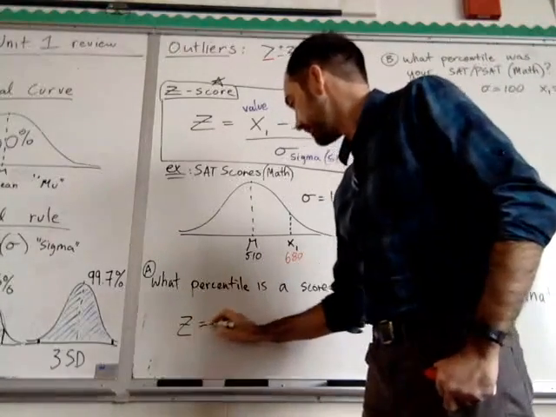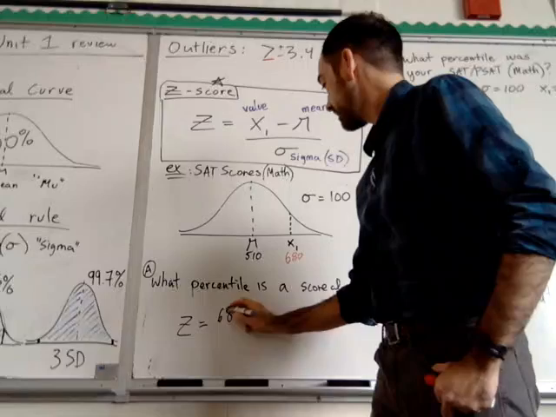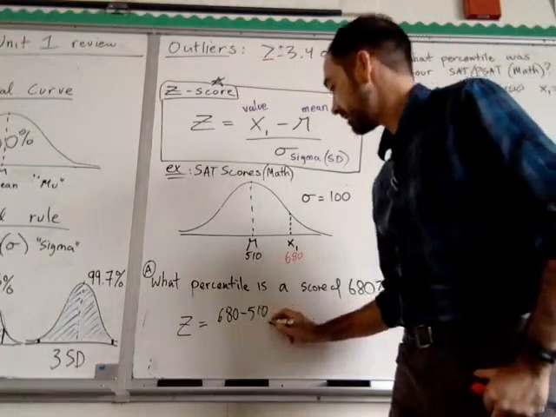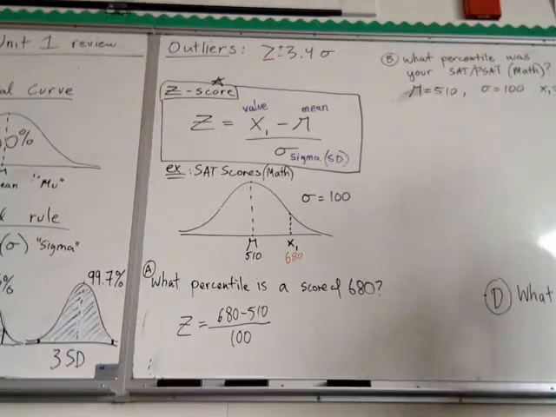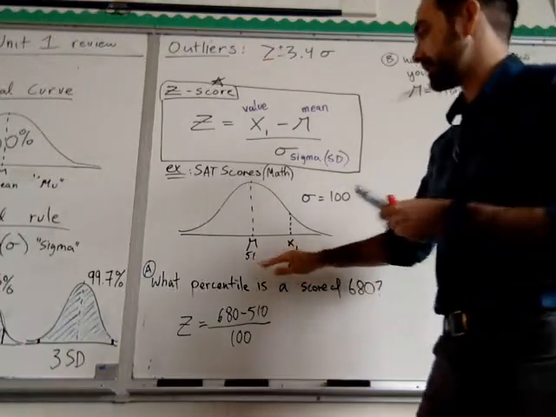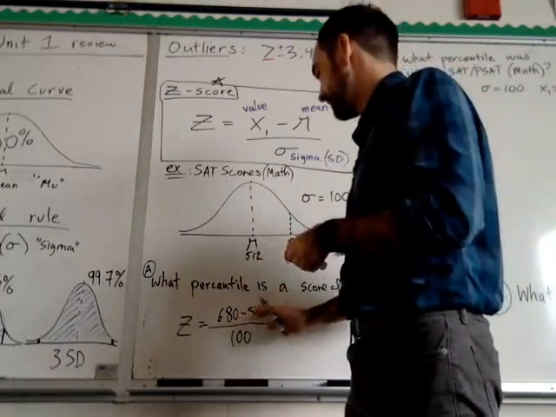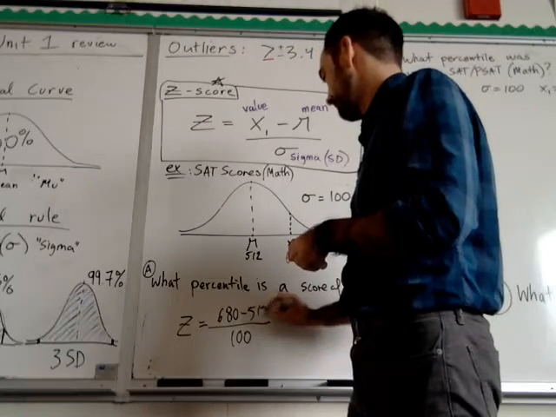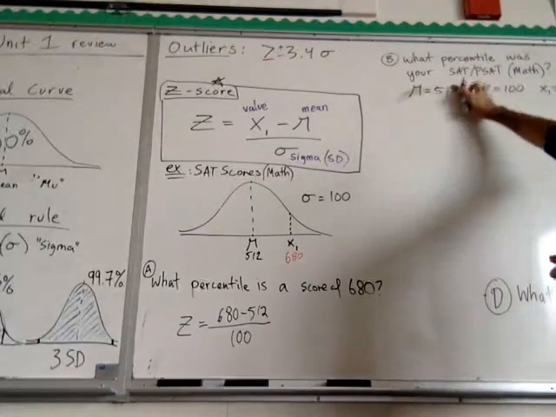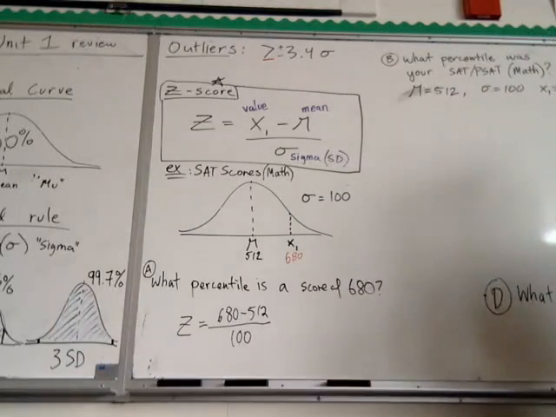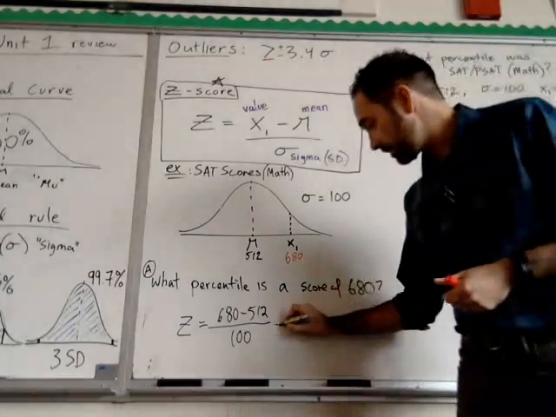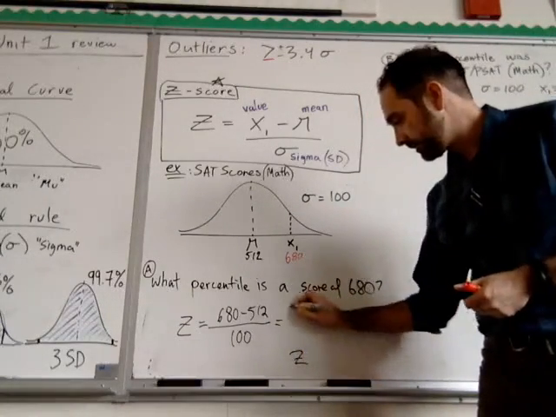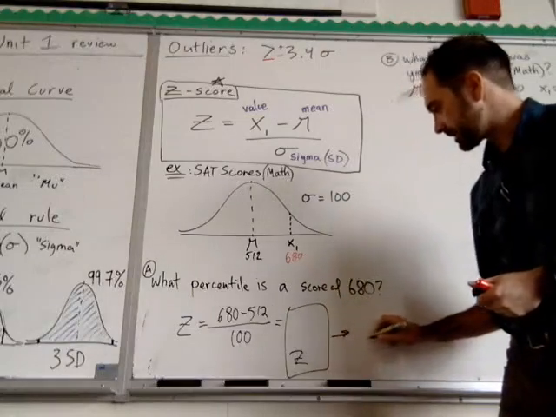Z is equal to 680 minus 510 over 100. You know, I might change it up just a little bit. I'm going to make this 512. You'll see why. All right, so that is going to give us our z-score. That is going to give us our percentile.